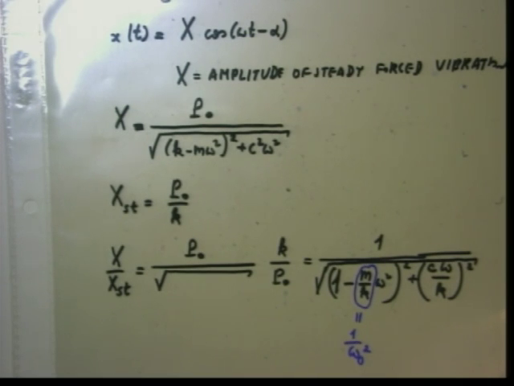What I'm after is some non-dimensional figure. I want to find a non-dimensional representation. So I decided to divide x by x static, because x and x static have the same dimensions, so this quotient is a non-dimensional quantity.